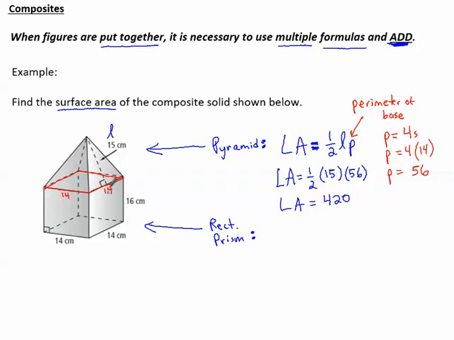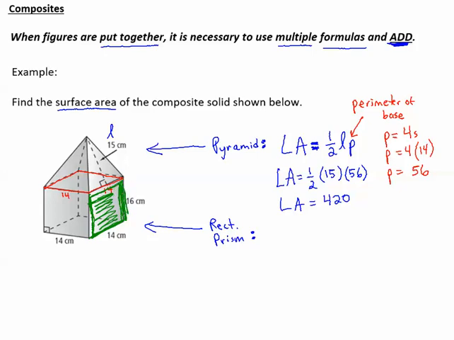We need to think of only the surfaces that are shown here that are not covered up by another solid. So we've got the four sides of the rectangular prism, which are each rectangles on their own. So we've got this side rectangle, which has a base of 14 and a height of 16.